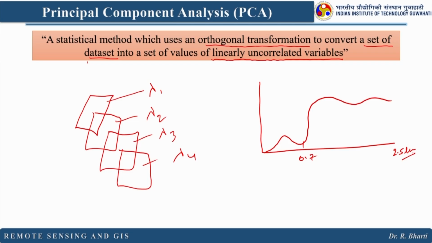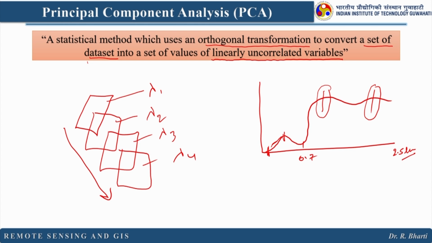If you have a band here and here, and you are talking about vegetation, these two will not be correlated. But if you have a band here and here, the information about the vegetation will be as good as what is available in the previous band. So you have double information about this single object in 2 or 3 different bands.